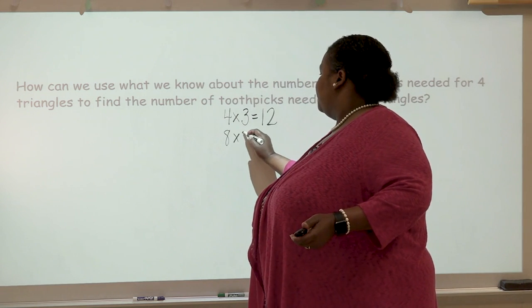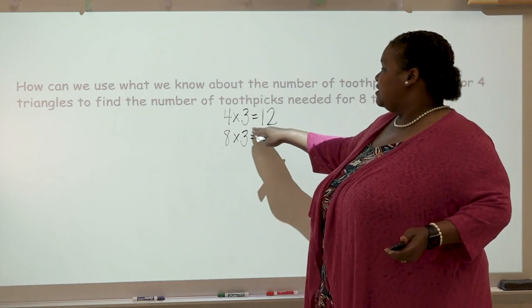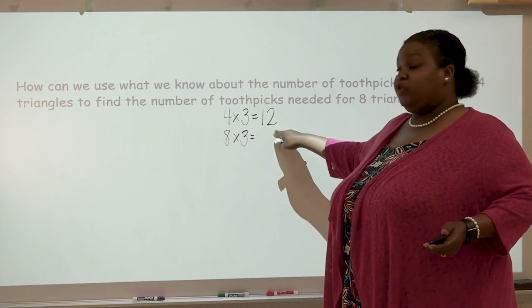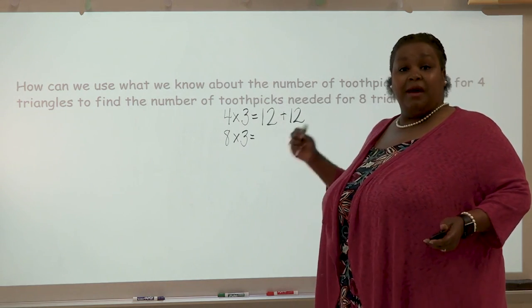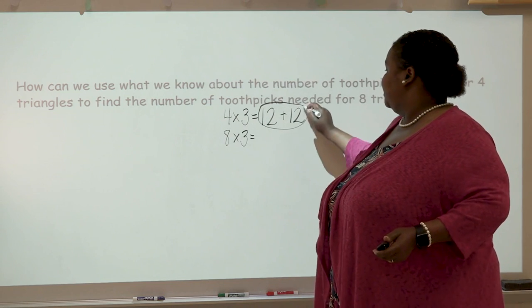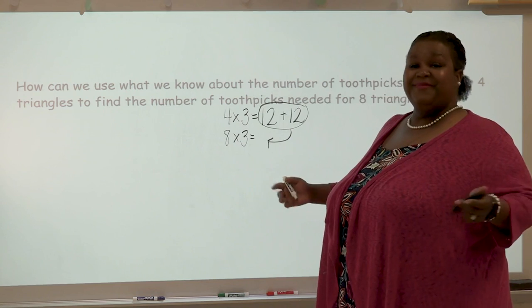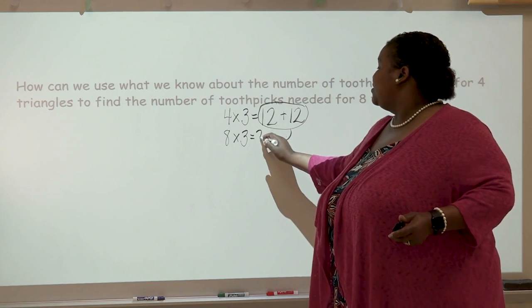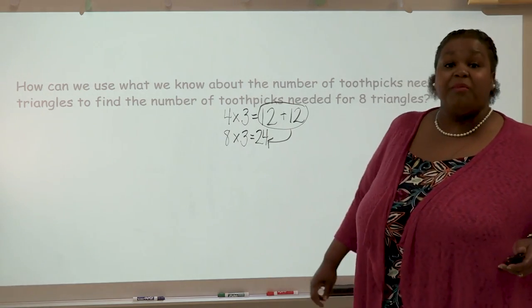I could say 4 times 3 equals 12 plus another 12. I doubled it, and that would give me my product of 8 times 3, which would be 24. So yes, that's that doubling strategy that we'll talk more about today.